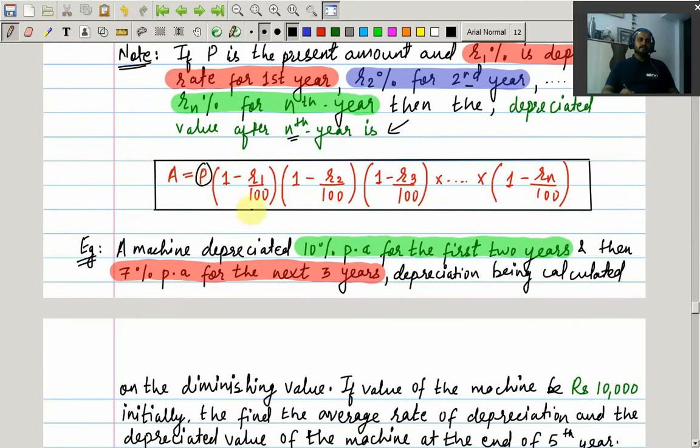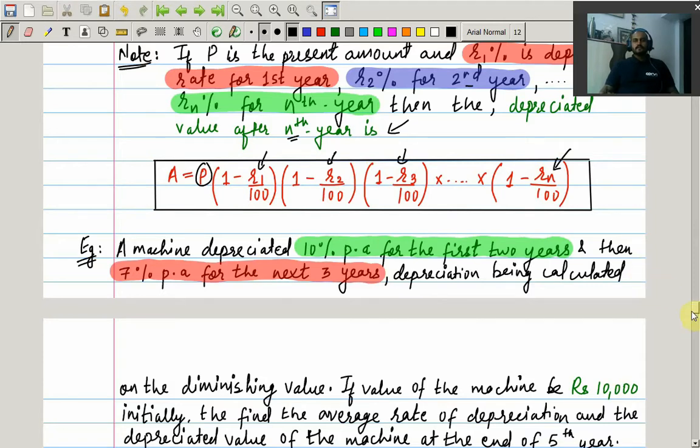So this p, and I have that bracket multiplied those many times: 1 minus r1 upon 100, r2 upon 100. So we have as many brackets as the number of rates or years, and they are multiplied individually because all the rates of depreciation are different.